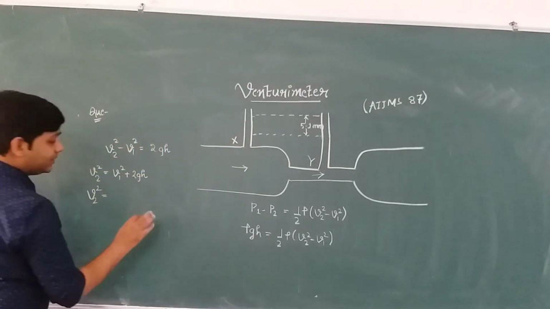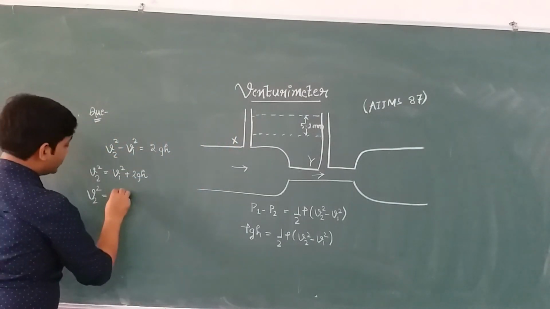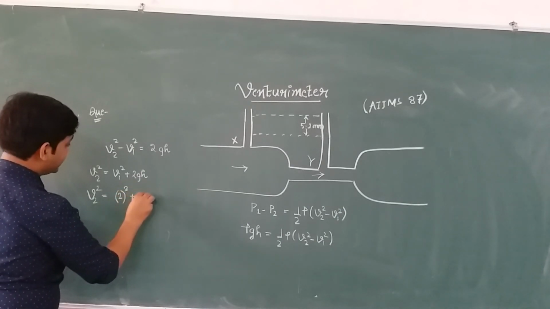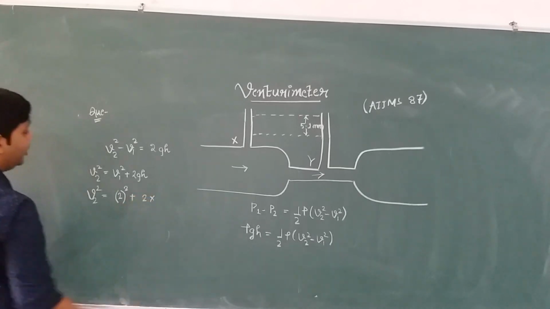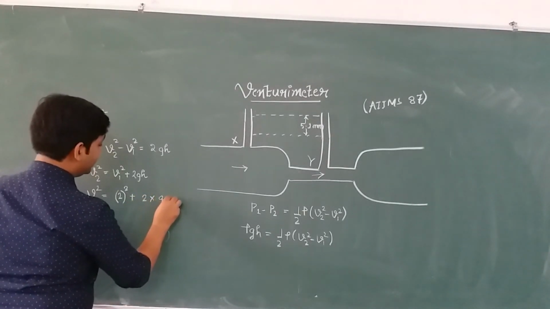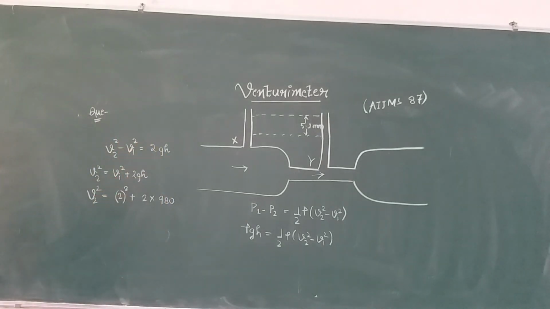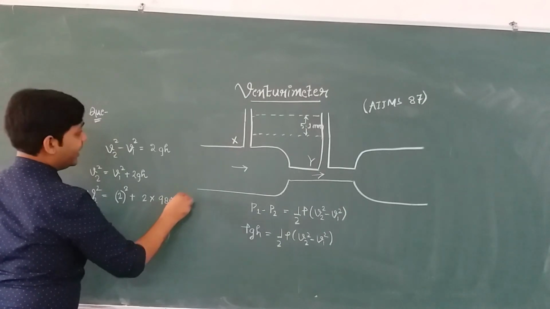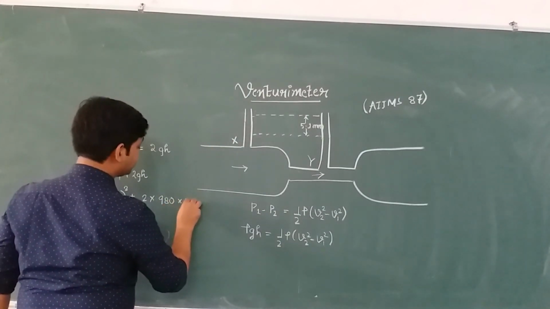I will solve in the CGS system of units. So I will have 2 centimeter per second whole square plus 2 into the value of g in CGS unit, which is 980 centimeter per second square, multiplied by h. H is 5.1 mm.